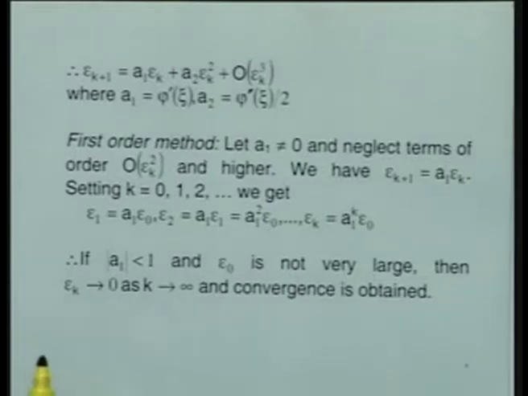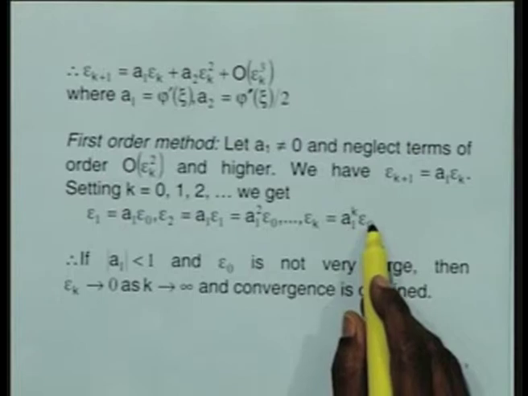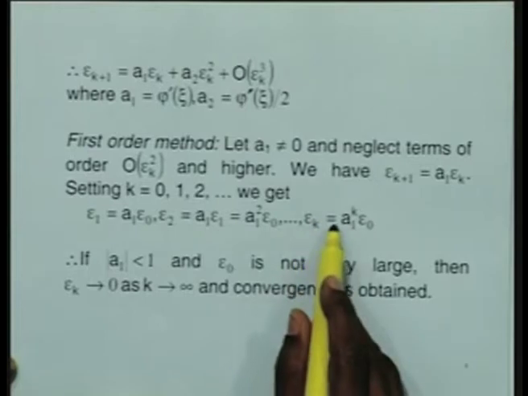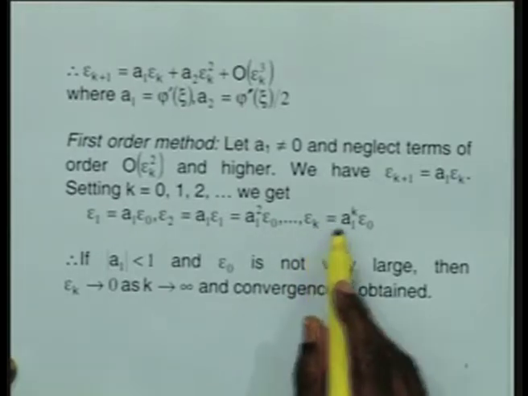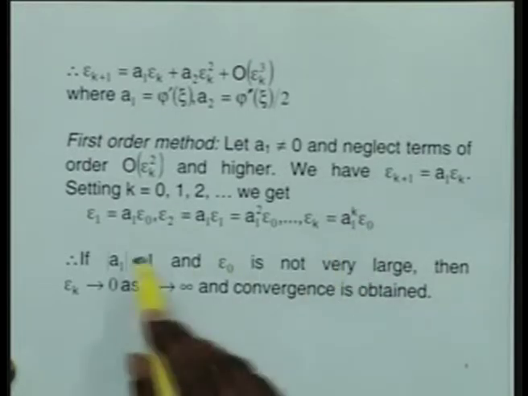Now, we can see that if this method is to converge, epsilon_0 is the initial error, the error of the initial approximation. If the error in the initial approximation is to decay, that is, goes to 0, then epsilon_k should tend to 0. The only possibility is, as k tends to infinity, a_1^k is to go to 0, meaning magnitude of a_1 should be less than 1.